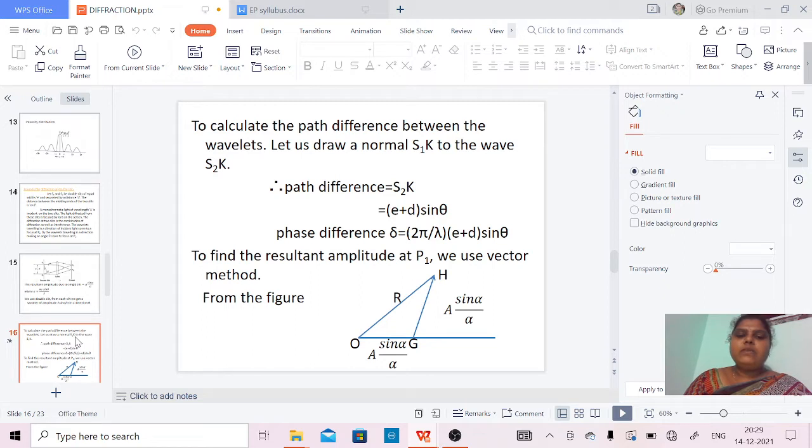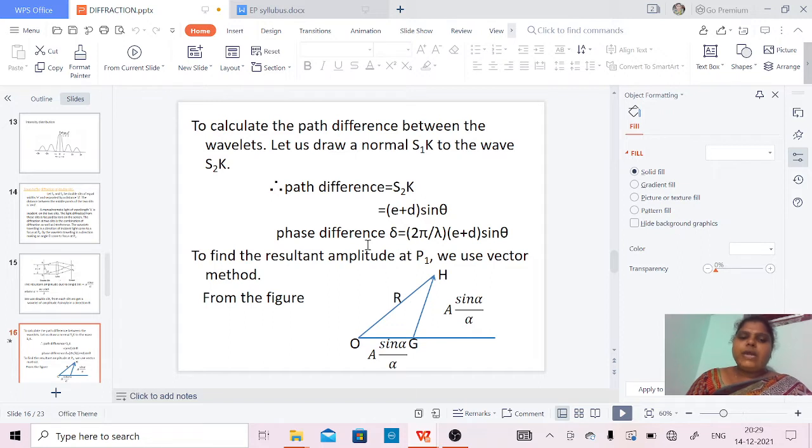Now the path difference is S2k, that means we get e plus d, the slit width along with the separation, into sin theta. Now the phase difference delta equals 2 pi by lambda into this. We already know these two conditions from the single slit.